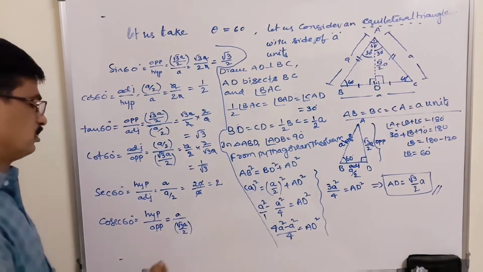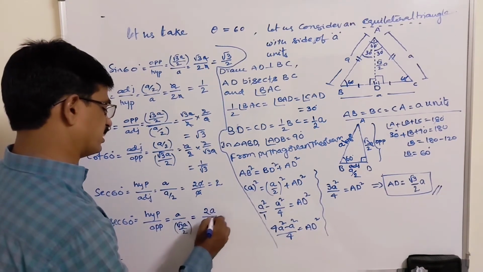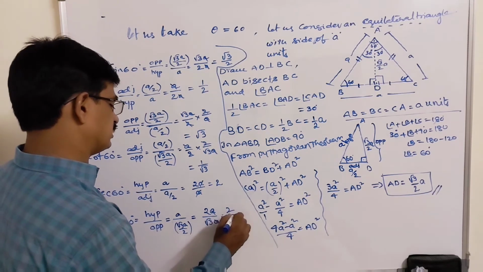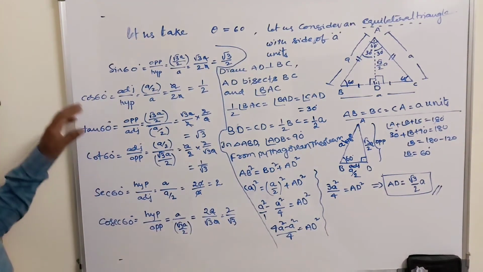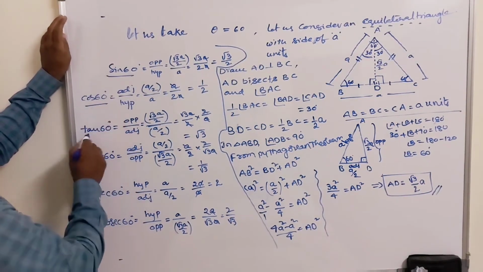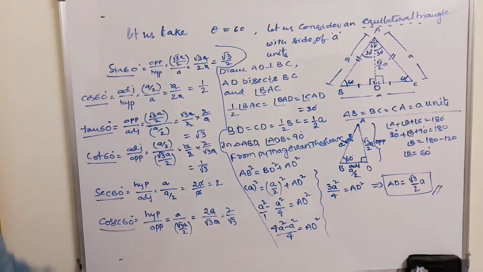This one also is in the form of a complex fraction, that is 2a by root 3a. A gets cancelled, that is 2 by root 3. So these are the values of sin 60, cos 60, tan 60, cot 60, secant 60, cosecant 60.